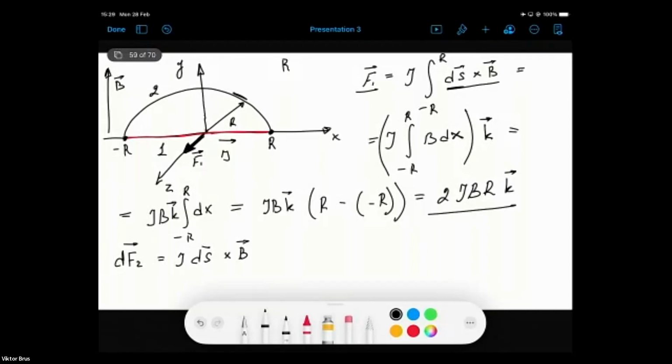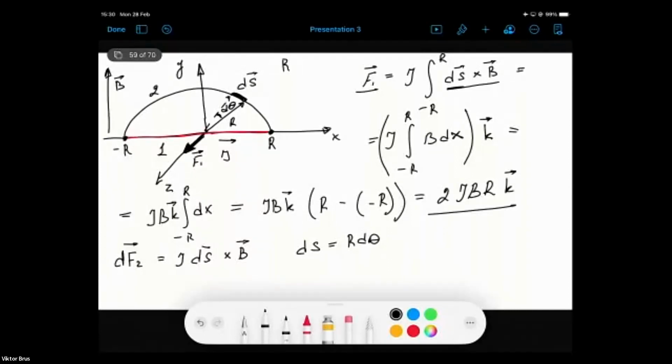Then here we will have some ds vector, which will be defined by some angle. Let's call it d theta. So ds, like magnitude, will be given by r, radius, times this angle d theta, if we consider angle in radians.